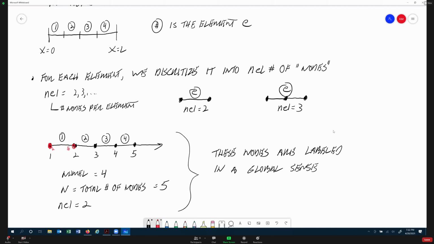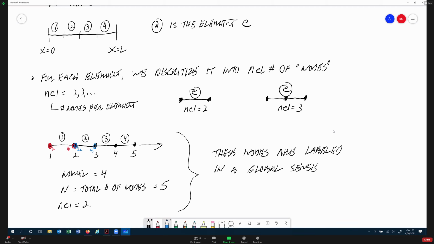But this node right here could also be represented by 2A and 2B. Can you see that the nodes could have a local numbering relative to the element that they belong to? From a global perspective, it would just be 1, 2, 3, 4, 5. There's the total.